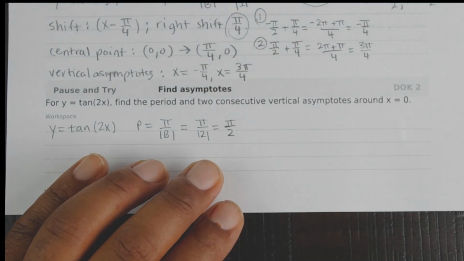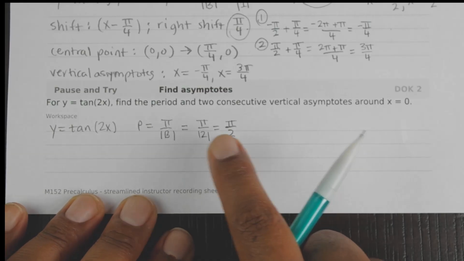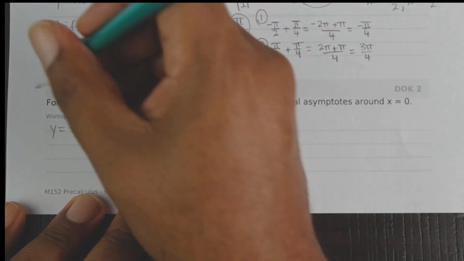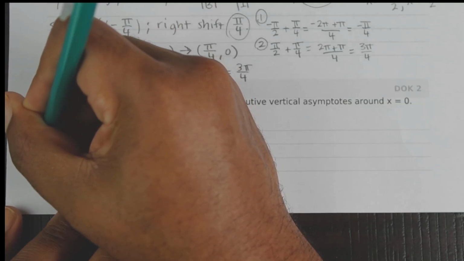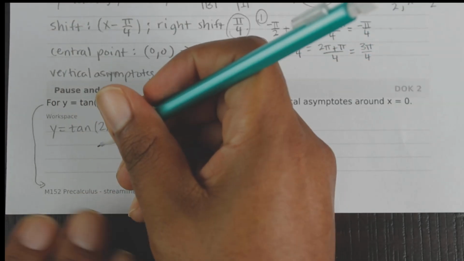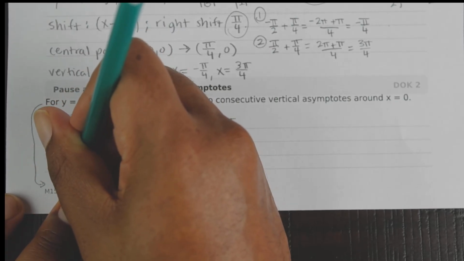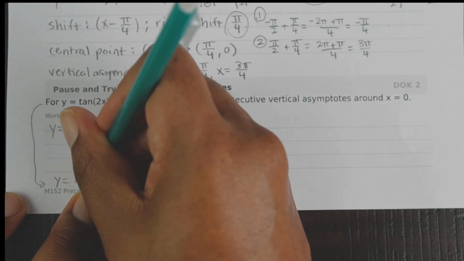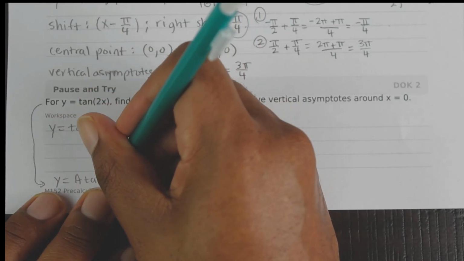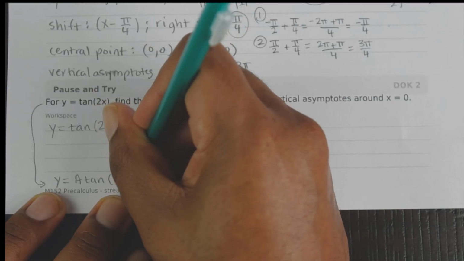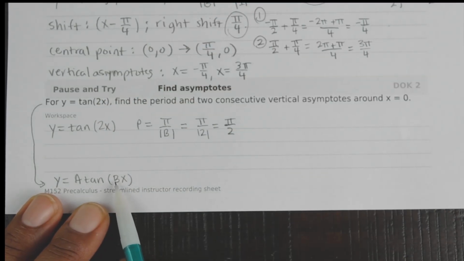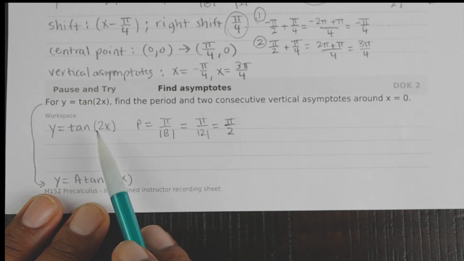Okay, so we have the period, and just keep in mind the way this looks, and we've been working on these, would be, let's just say in this case, y equals a tan of b x in parentheses. Okay, so that's how we know that b is 2 in this case.